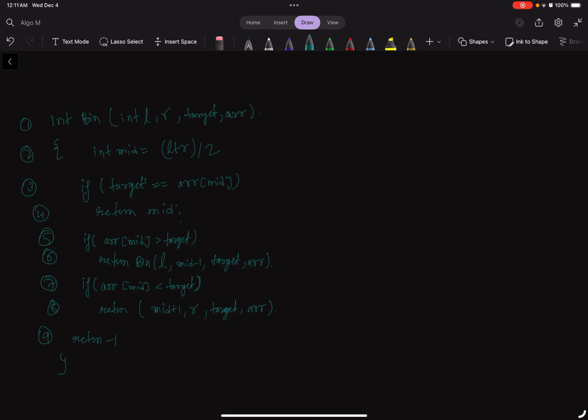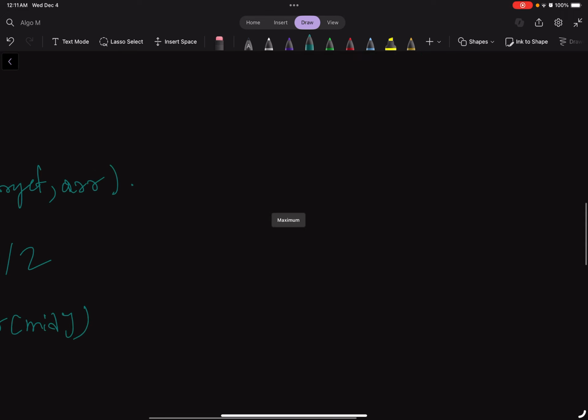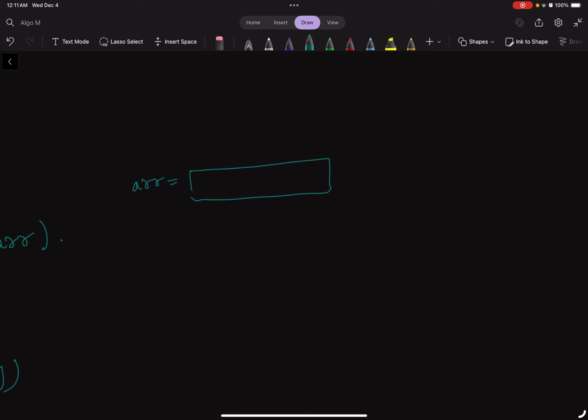Now let's start on why the return statement is important. Let's work with this example. Let's have an array, ARR equals -1, 10, 30, 50, 60, 100.